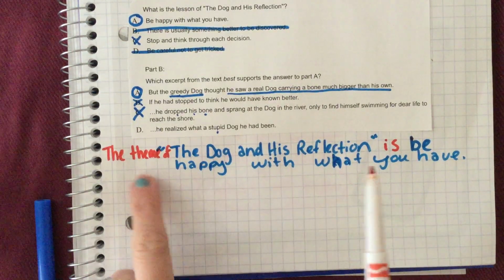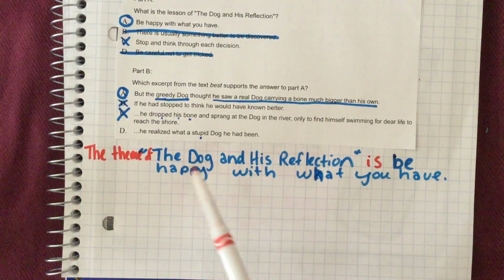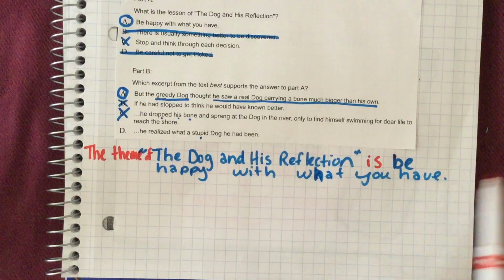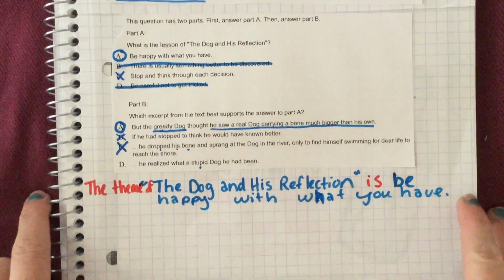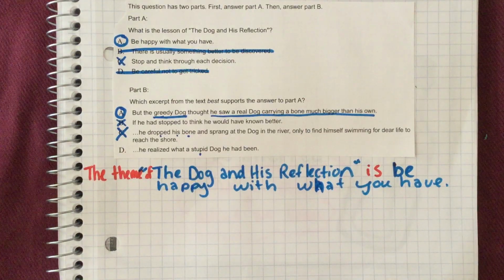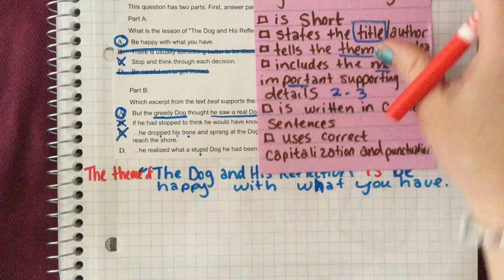So if that's hard to read, I apologize. It just says the theme of the dog and his reflection is be happy with what you have. Oh my goodness. So we are going to set up our next sentence, which is going to be the most important supporting details.